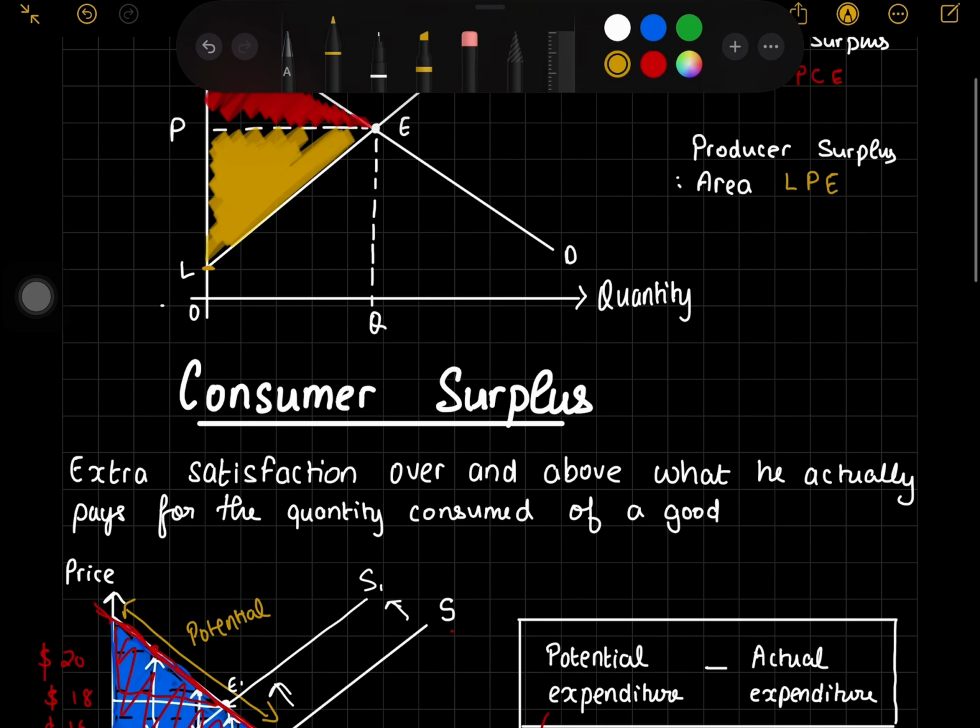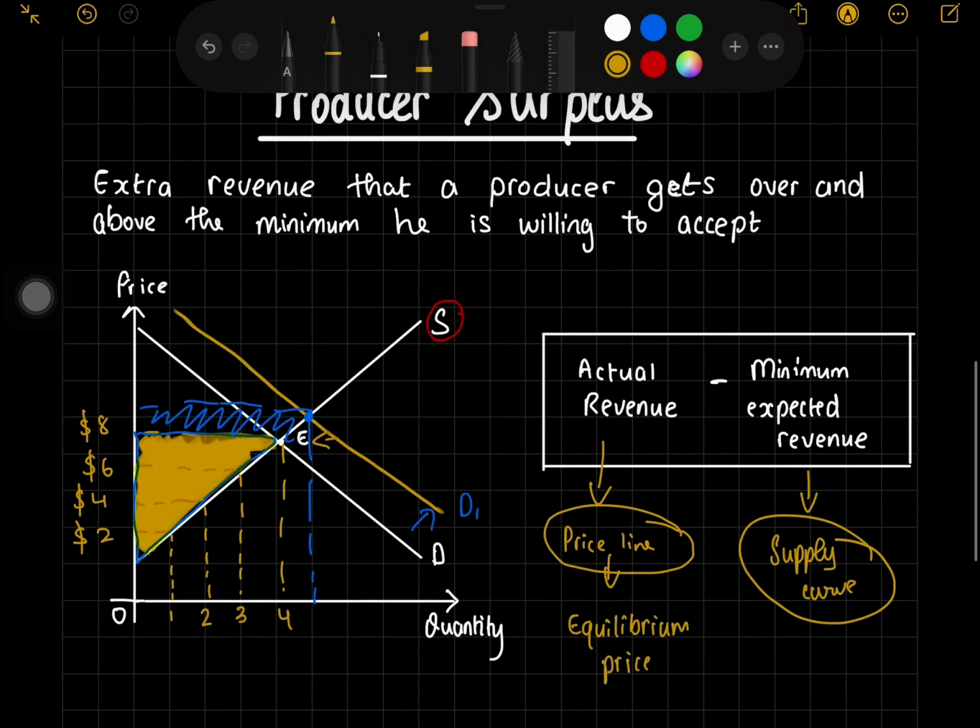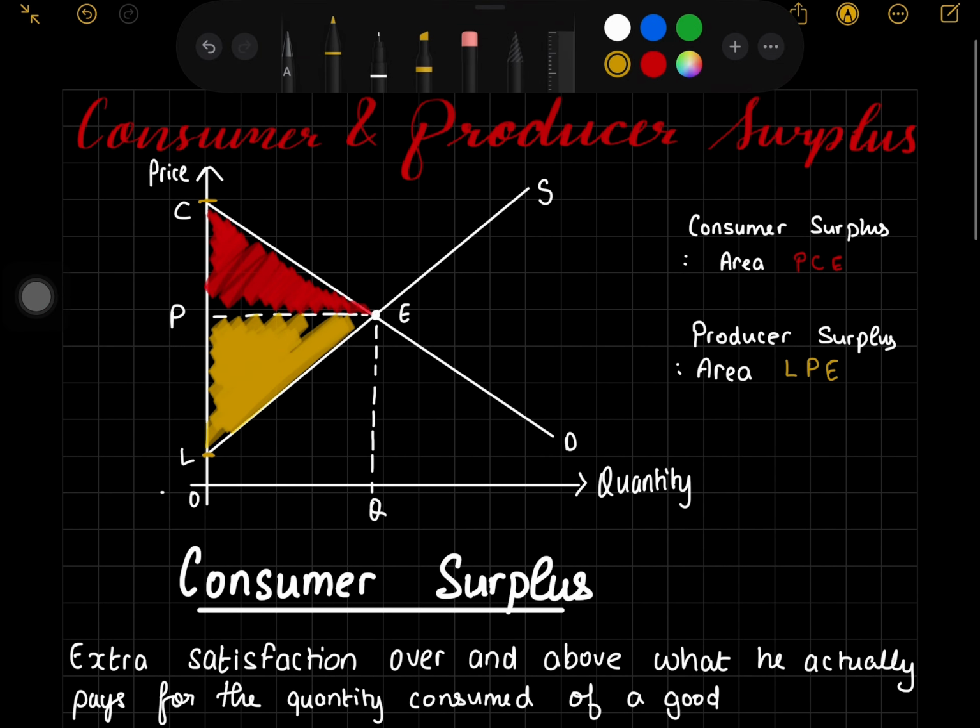So this is about consumer and producer surplus. Now, this chapter you will also encounter when you are going to deal with the topic of government price controls in the form of maximum price and minimum price. I believe it is in the AS level microeconomics, unit 3 maybe.